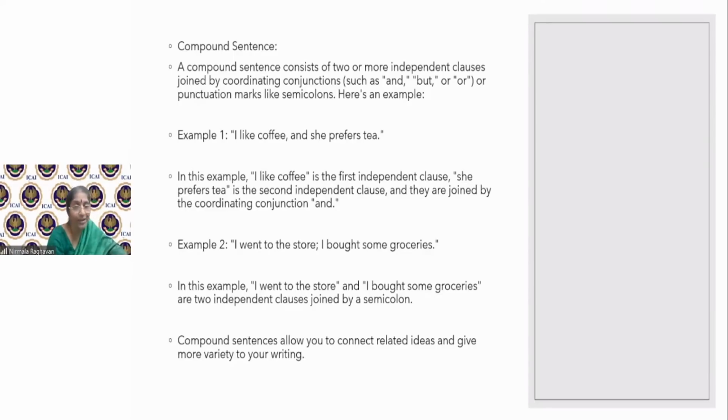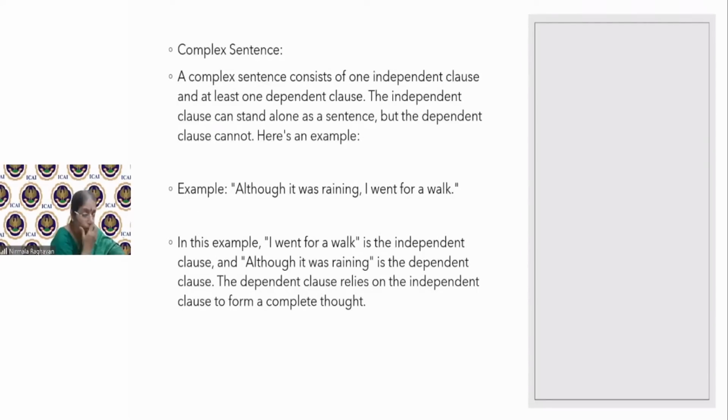One example of a complex sentence. Here you have: although it was raining, I went for a walk. She is the girl who got the first rank. Complex sentences have relative clauses, like who, or words like although, since, for.